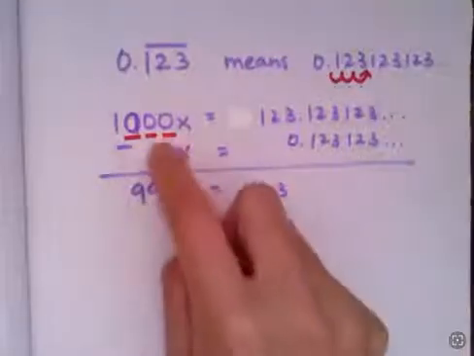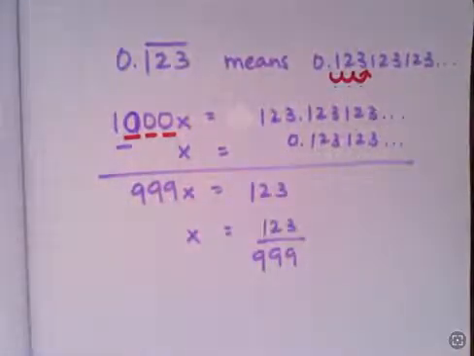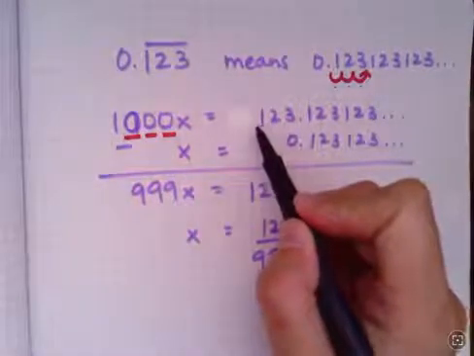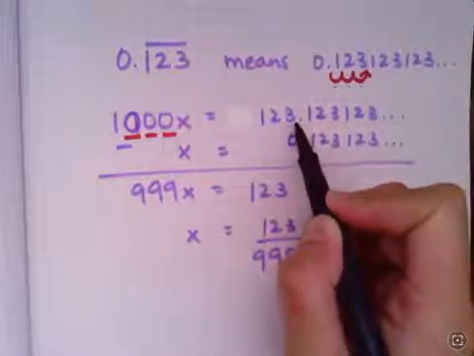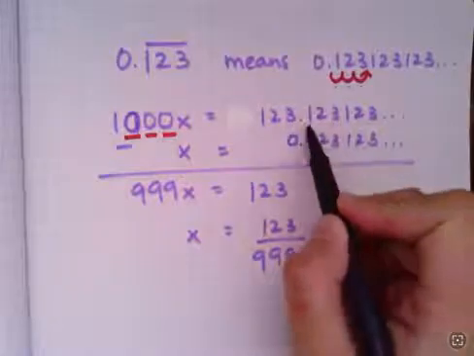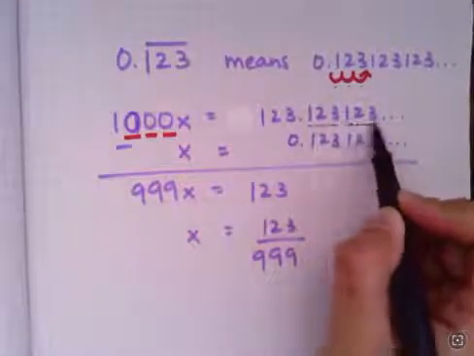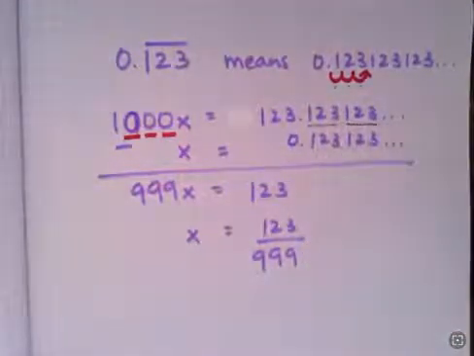If you only multiply by 100x, that means you would only move it over 2 times. So you would have 12.3123. So you want to make it so that the repeated pattern is not separated.